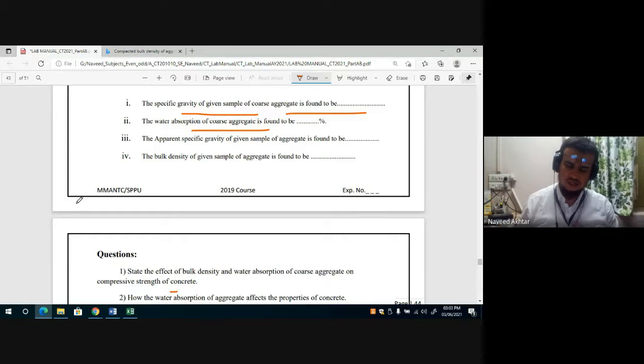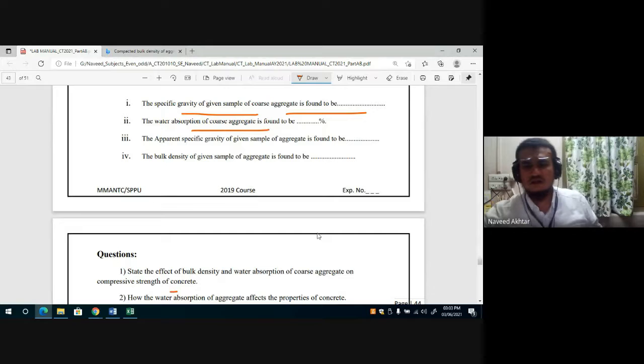cement and filler material, fine and coarse aggregate.